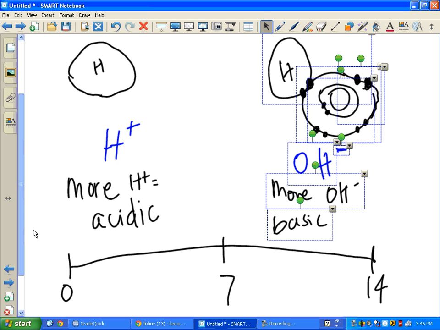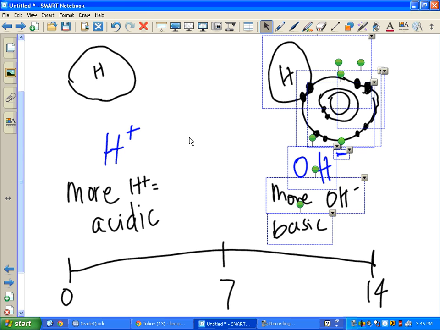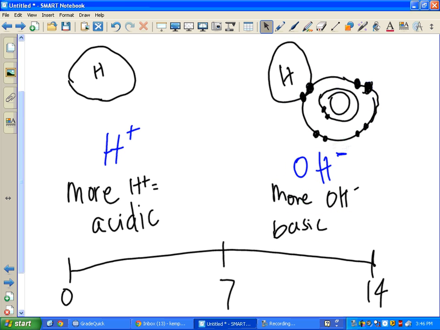You'll learn about that in chemistry, but if you have a bunch of hydrogen ions, you're considered an acid, and you are said to have a low pH. Low pH. This is a high pH. Anywhere from 7 to 14 is considered a high pH. Capital H. And that's a base.